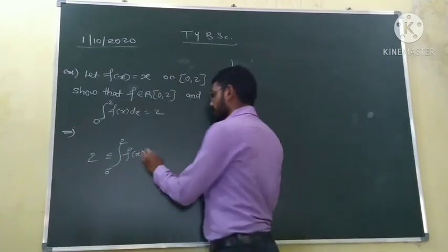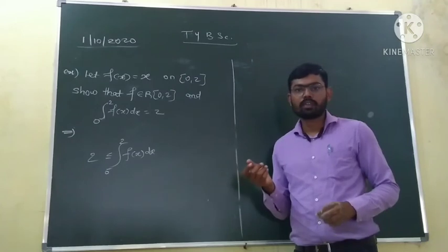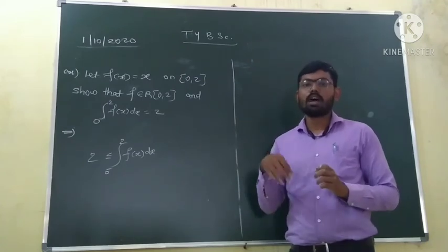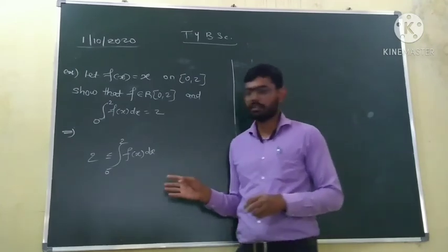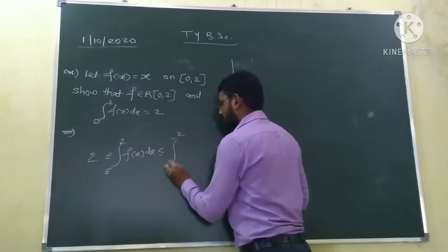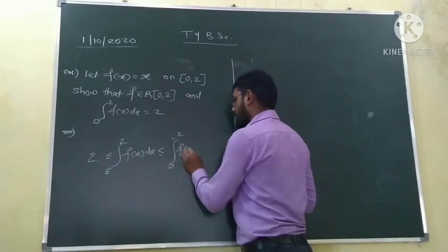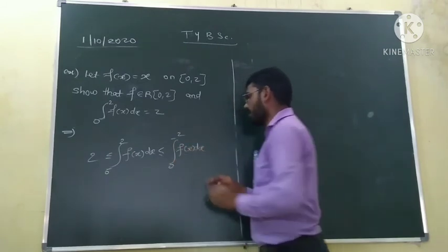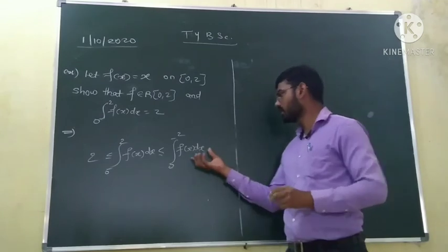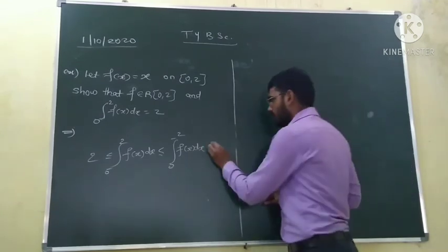Now we know that the lower integral for any function is always less than or equal to the upper integral for that function. So this is less than or equal to the upper integral for this function over the same interval. And we have again shown that this upper integral is less than or equal to 2.